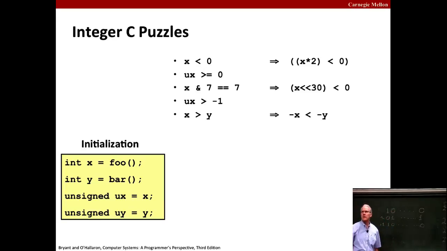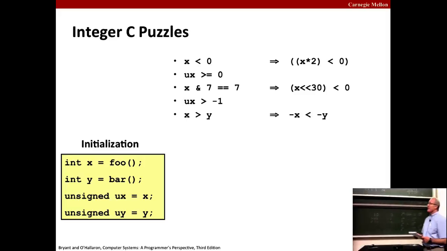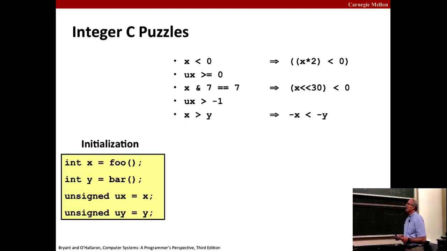So when you complement and increment TMin, you get TMin. And that's why it's such a great counterexample. So in particular, if y is TMin and x is something else, then that left-hand part will be true, but the right-hand part will not be true.